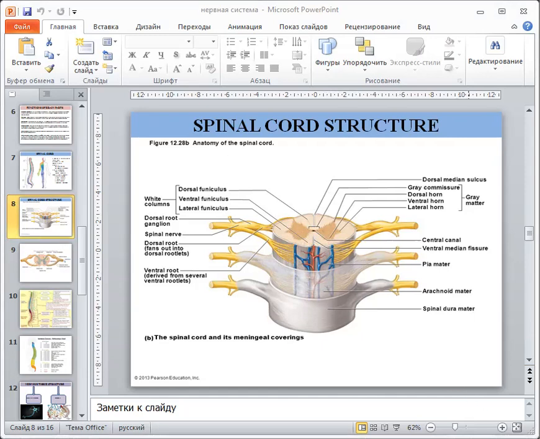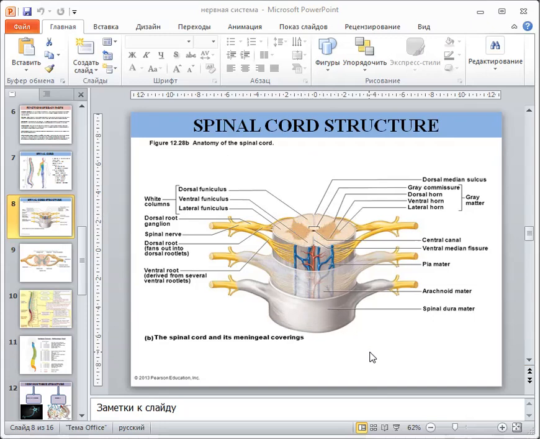Internal structure of the spinal cord. The spinal cord is formed by two substances, the gray matter and white matter. Gray matter contains nerve cells. The white matter contains myelinated nerve fibers.